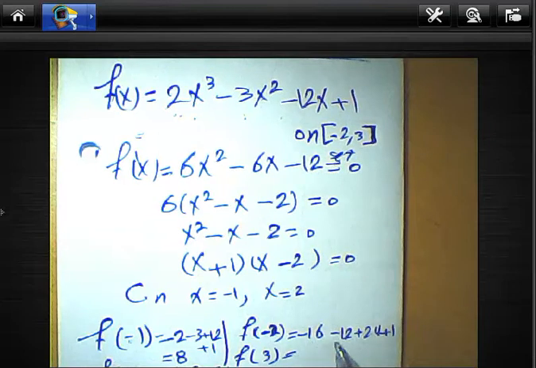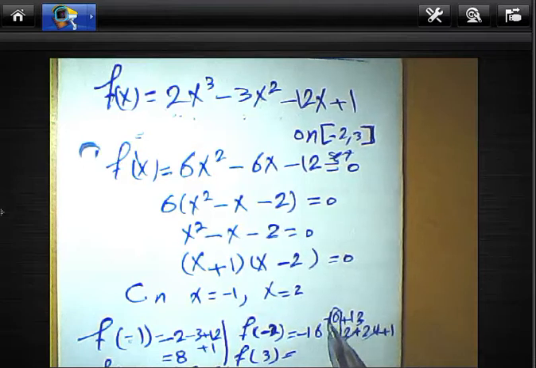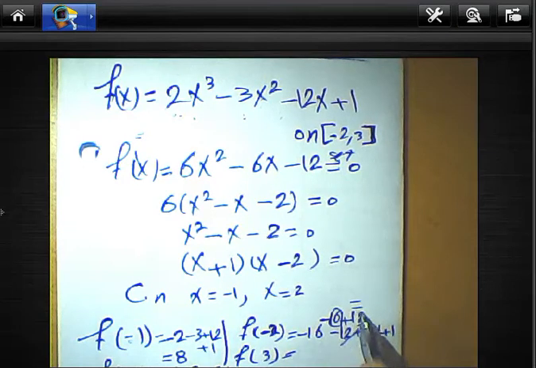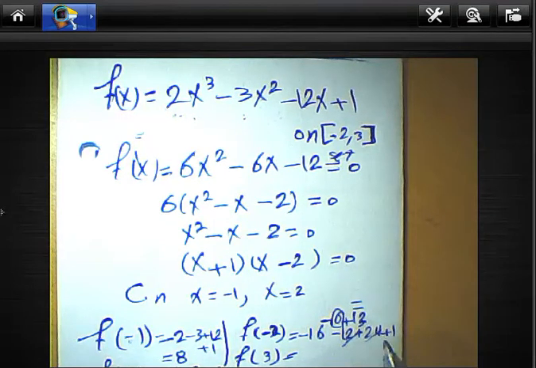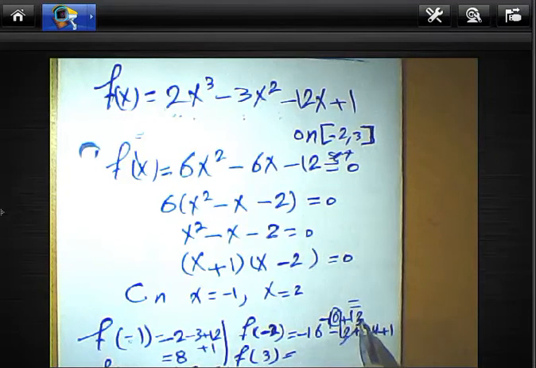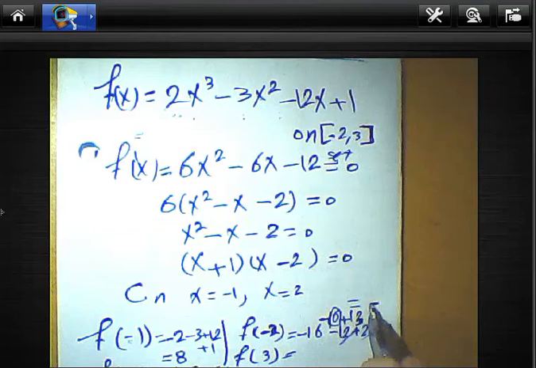Negative 16 and negative 12 cancel, it will be 12 plus 1 equals 13. Negative 16 plus 13 equals negative 3.